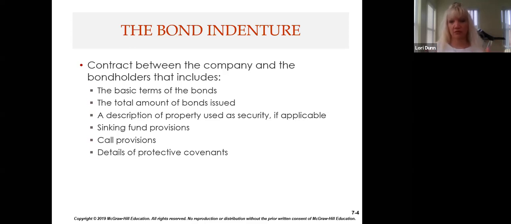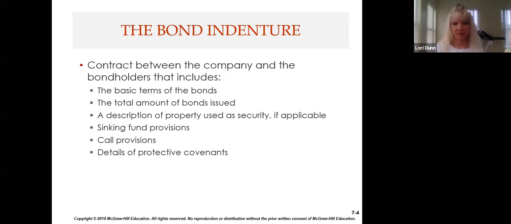In other words, if there's any kind of collateral being used if the bond is defaulted on. So if the corporation selling the bond does not pay off the bond at the end, what's the repercussions? What can the bondholder do?